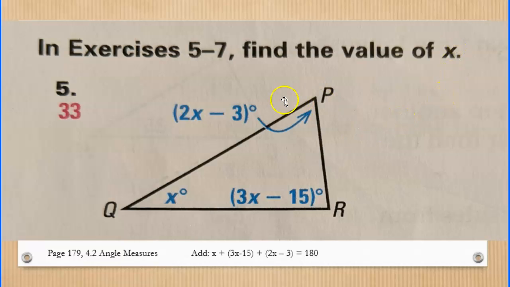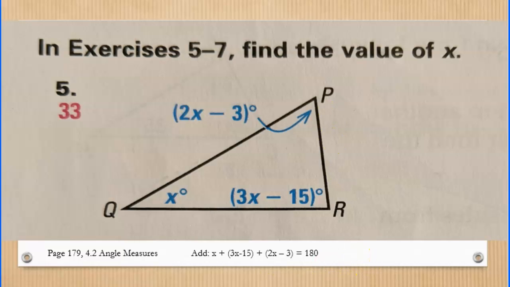And so what we probably want to do, we don't know any side measurements, so we can't get any of our information from what we know about the sides. However, we do have something down for each angle. x for angle Q, 3x minus 15 for R, and 2x minus 3 for P. So we know that all 3 of those combined would equal 180 degrees because we know through our definitions and theorems that the total measure of a triangle is 180 degrees.